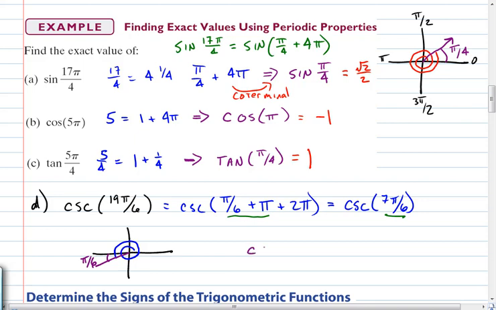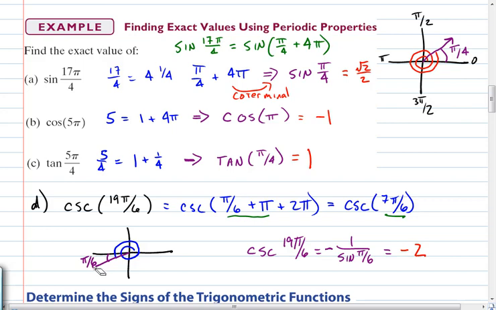So cosecant 19 pi over 6 is going to be equivalent to 1 over sine of pi over 6, but it's in quadrant 3, so it's going to be negative. So this is equivalent to negative 2, because the reciprocal of 1/2 is 2.